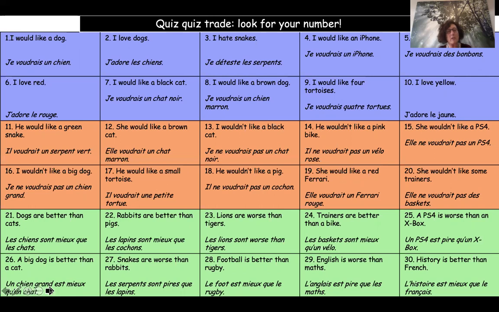The other thing you can do with this, and we've written this into the scheme, is that if you didn't want to print it off, and if you didn't want them walking around the room, something that you can do is to get them to work in pairs. One learner faces away from the board and the other learner basically reads the sentences.